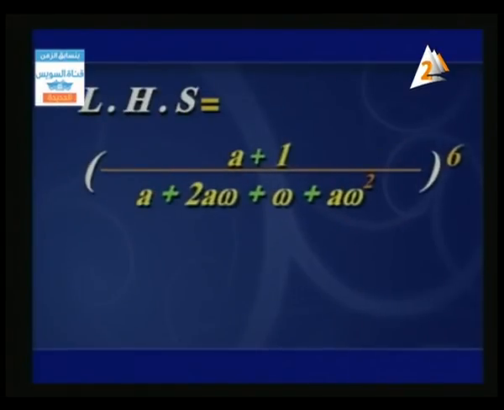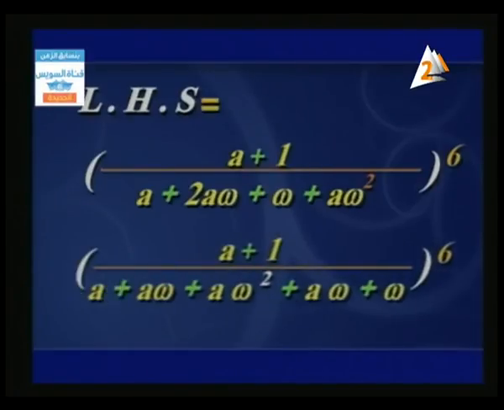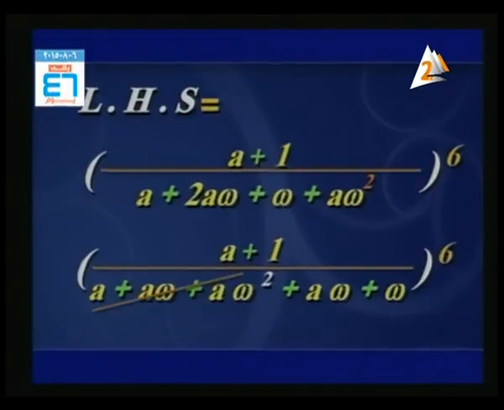Left hand side equals ((a + 1)/(a + 2aω + aω²))^6, which equals ((a + 1)/(a + aω² + aω + ω))^6.